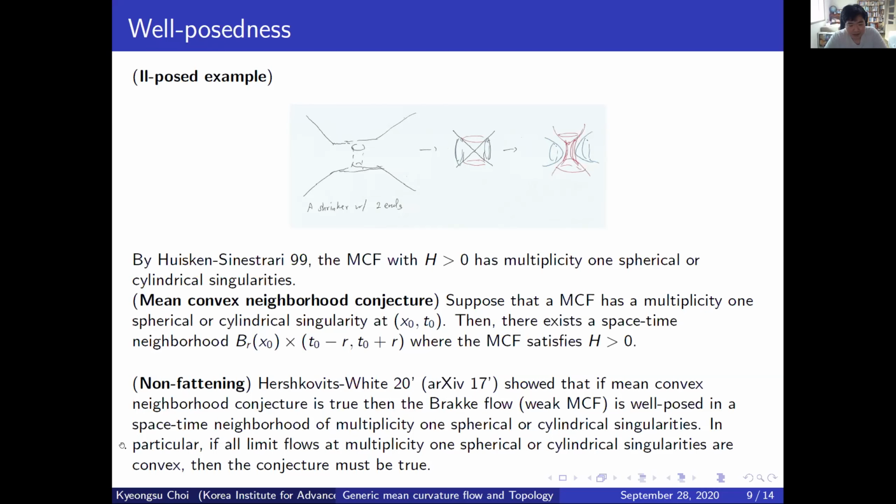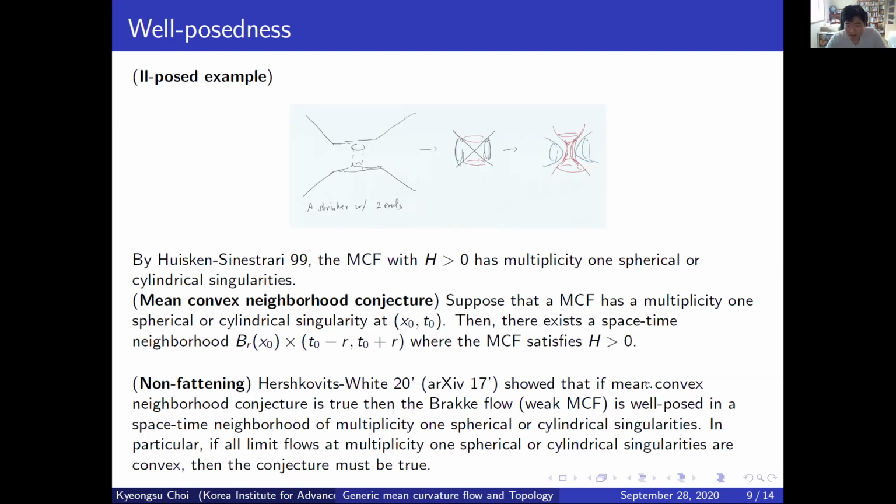This is because if we have a mean convex neighborhood, then the mean curvature is positive, which means the flow has positive speed. So in that neighborhood, the flow foliates out. The flow moves monotonically, so it does not go back and forth. And then it foliates some space. By using this kind of monotonicity, you have a well-defined, well-posed solution in the measure sense.